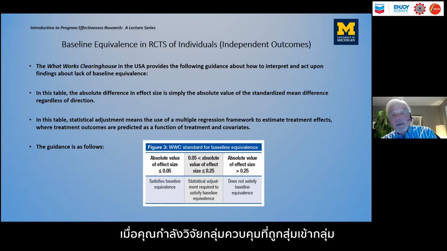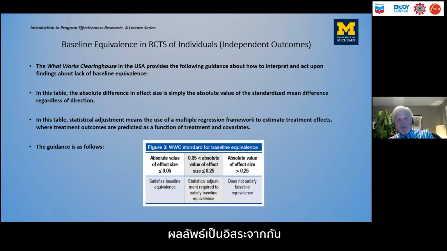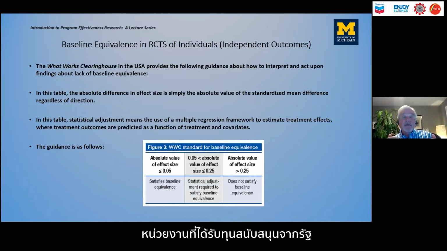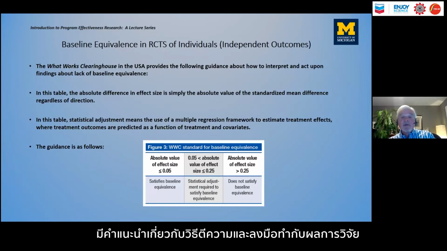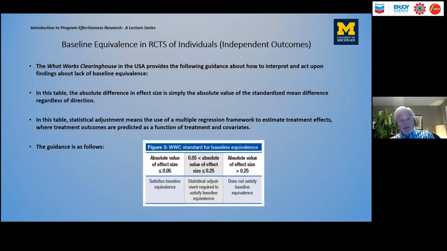So when you are doing a randomized controlled study where the individuals are assigned to treatment and control, and the outcomes are independent of each other, the What Works Clearinghouse in the United States, which is a government funded agency that rates the quality of research, provides the following guidance about how to interpret and act upon findings about a lack of baseline equivalence.